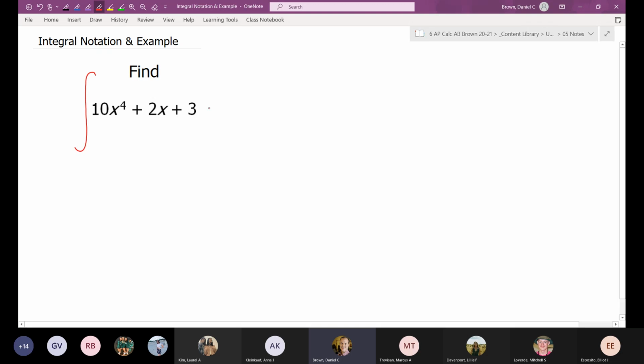Also, we'll have something at the very end of an integral sign that will be written as dx for most parts. And I'll explain what each part of these means as well. So again, this long S that you see is called the integral sign. It basically tells you to take the integral.